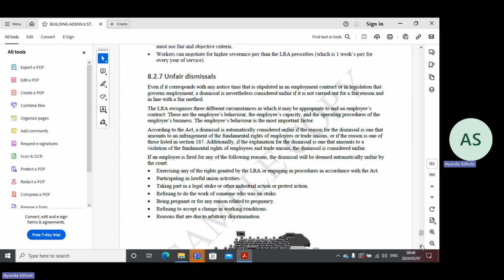Even if it corresponds with any notice time that is stipulated in an employment contract, which governs employment and dismissal, a dismissal is nevertheless considered unfair if it is not carried out for a fair reason in line with a fair method.